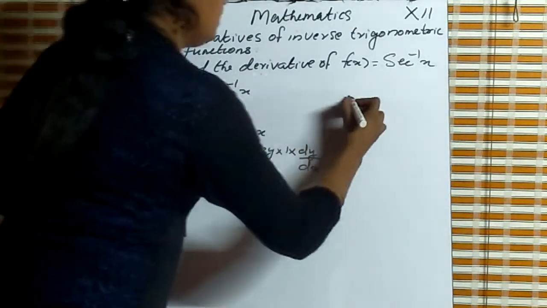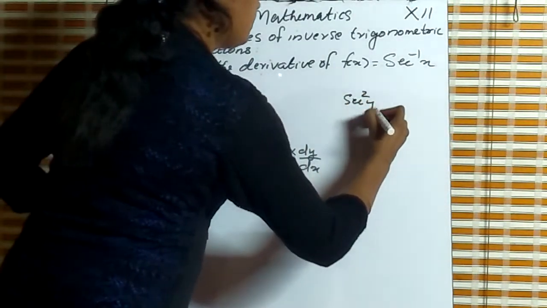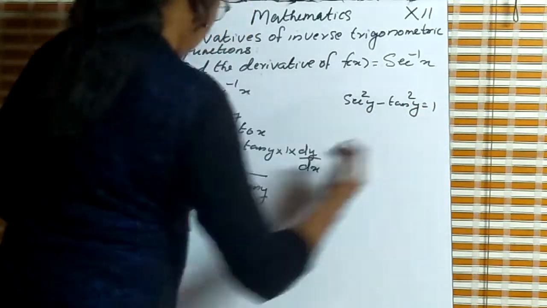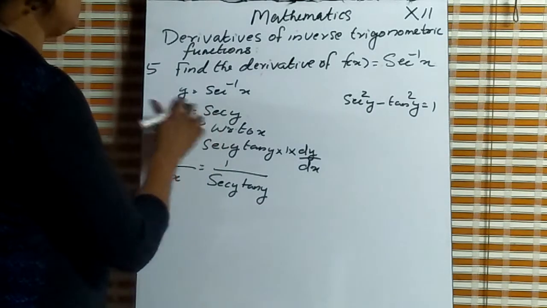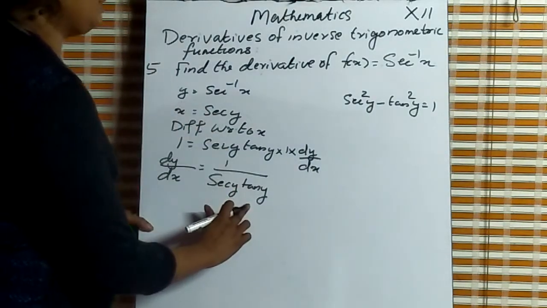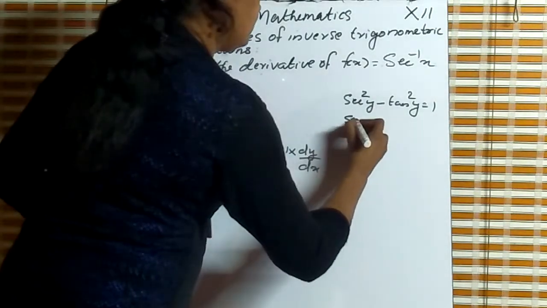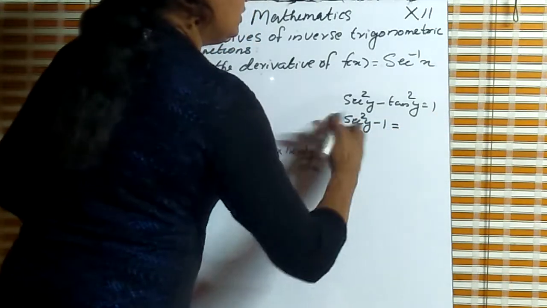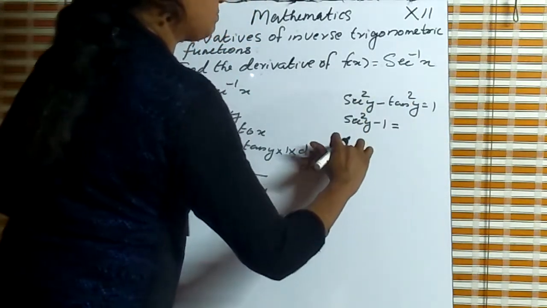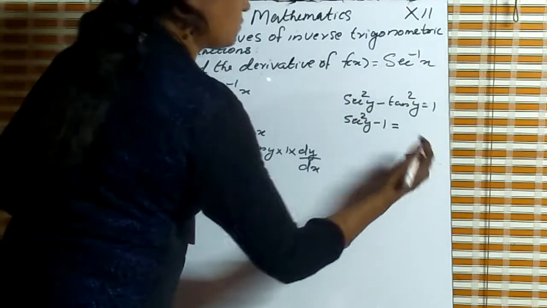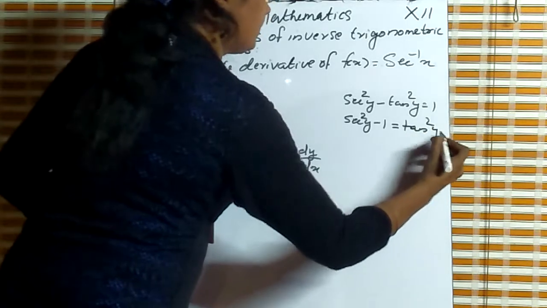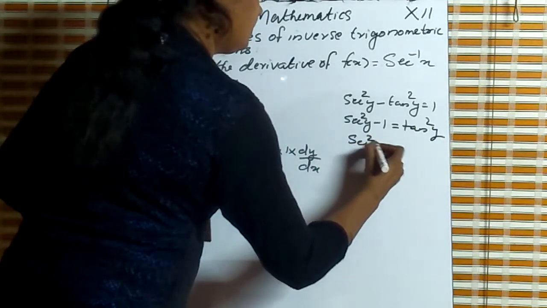Then we know that sec square y minus tan square y is equal to 1. Here sec y is x. We have to find tan y. Sec square y minus 1 is equal to tan square y.